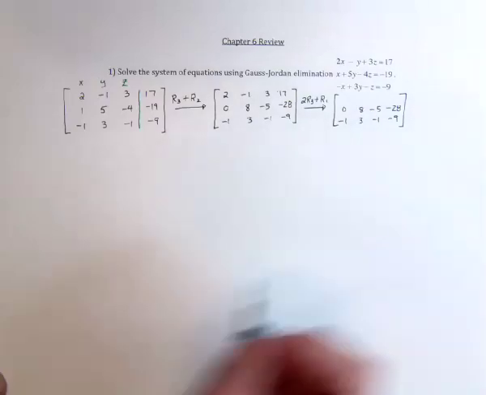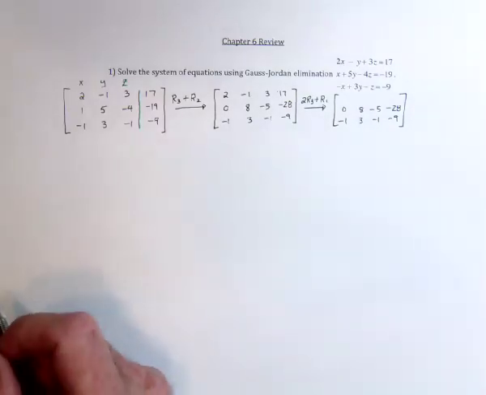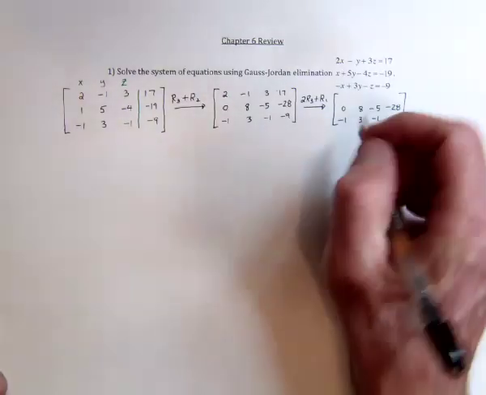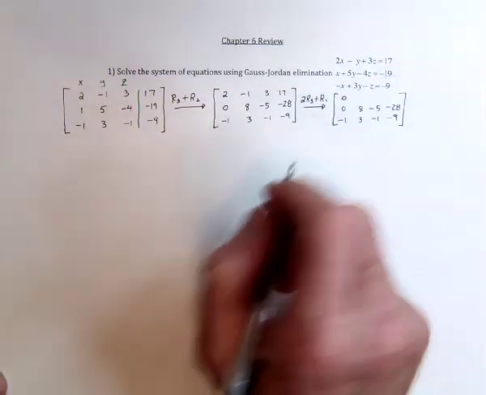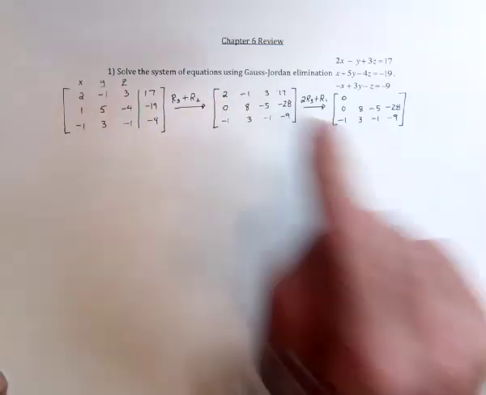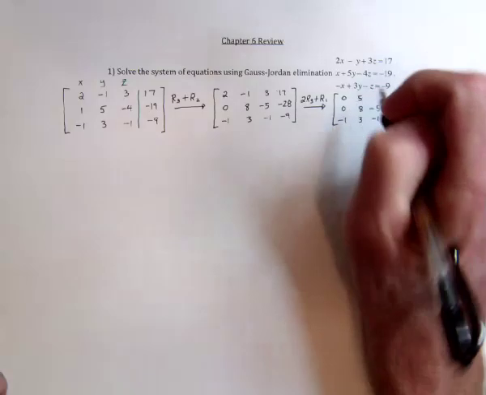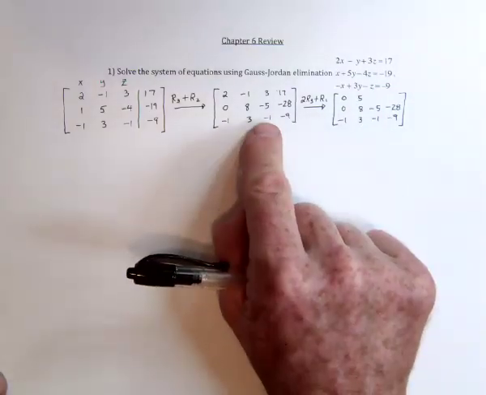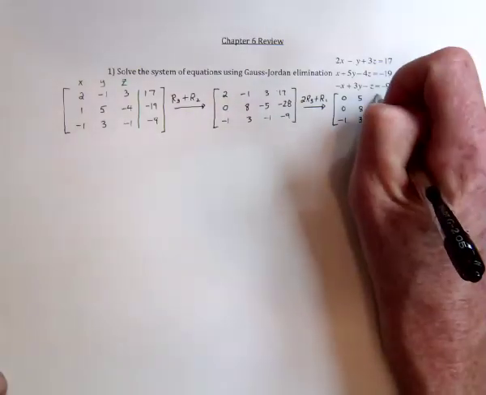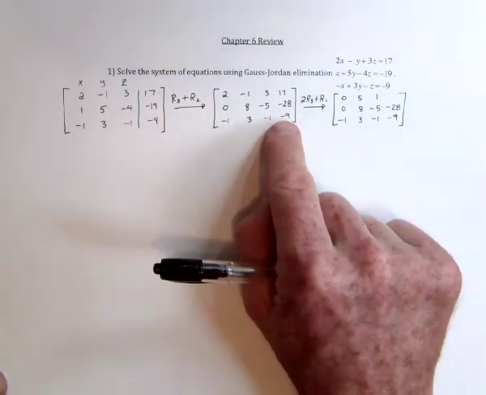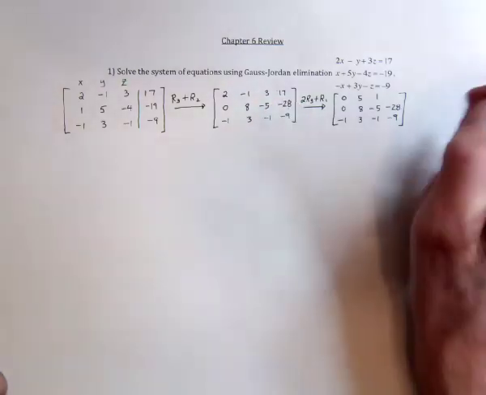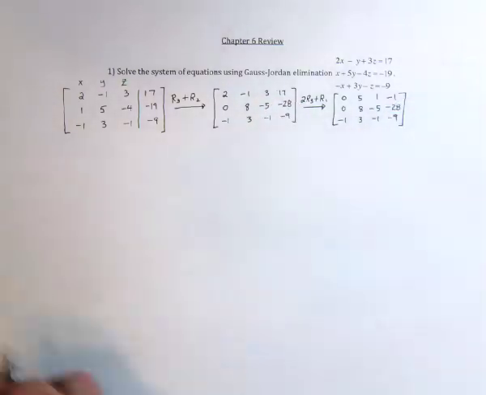It's only the row that I'm adding onto that gets changed. So 2 times this is going to be -2, which is going to cancel that 2. 2 times this is going to be 6. Added to that makes 5. And then a 2 times that will be -2 with the 3 makes +1. And then a 2 times that is -18 with a +17 is a -1.